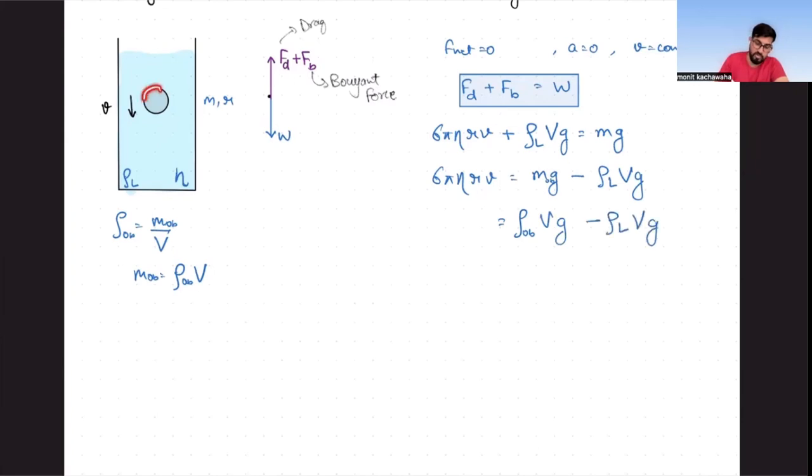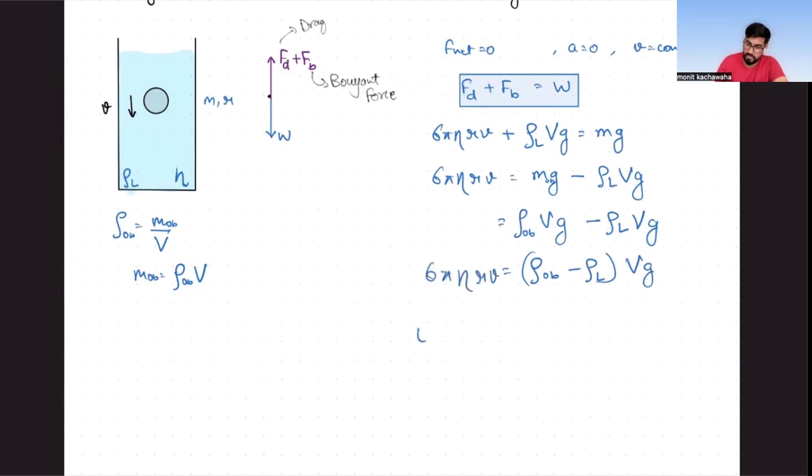Now this volume and this volume are the same, because in this the whole object is immersed. So the volume of the object is the same as the volume of the displaced liquid. So I can say density of object minus density of liquid times V and g, and here it will be 6 pi eta r v.